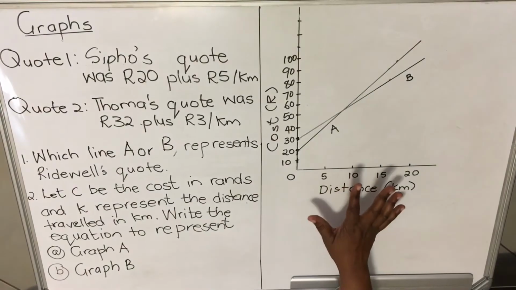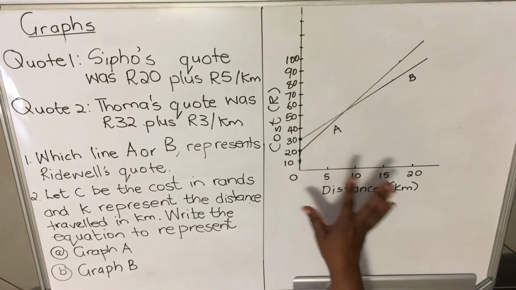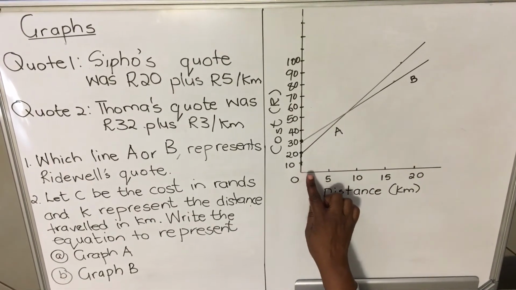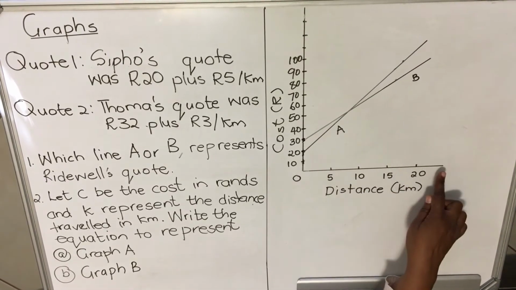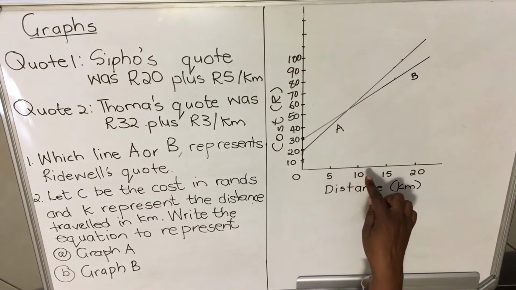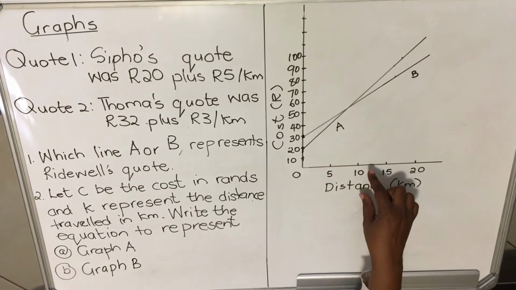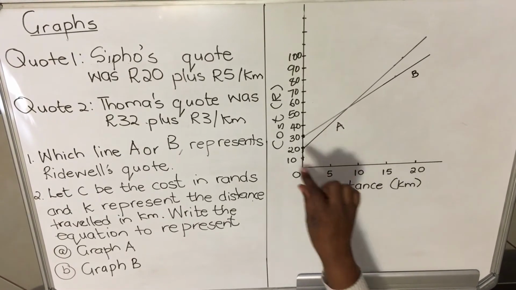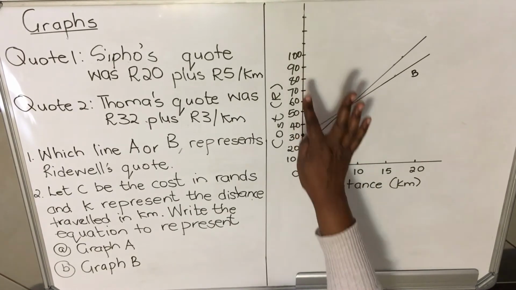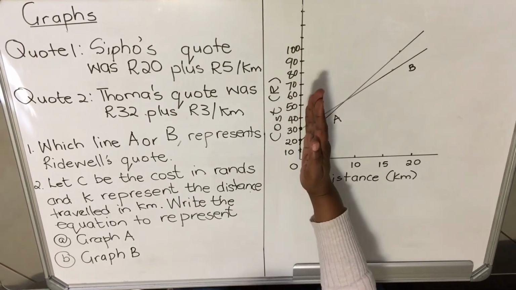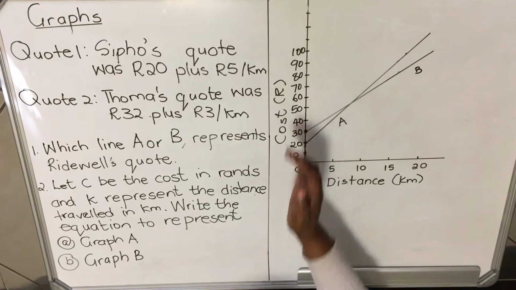When you look at this graph, when a graph is written, what is written in the horizontal, the x-axis, is the independent variable, is what will affect the dependent. This one, the vertical one, the y-axis one, is the dependent variable.